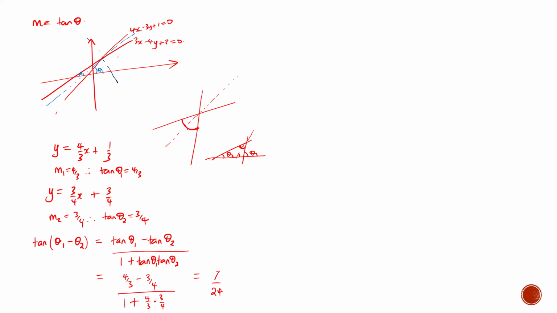But now we want to get half the angle, right? So if tan(theta 1 minus theta 2) is 7/24, how do we get tan of (theta 1 minus theta 2) over 2? What we're going to use is the t formula, basically the expression for tan 2x. Tan 2x is 2 tan x over 1 minus tan squared x.